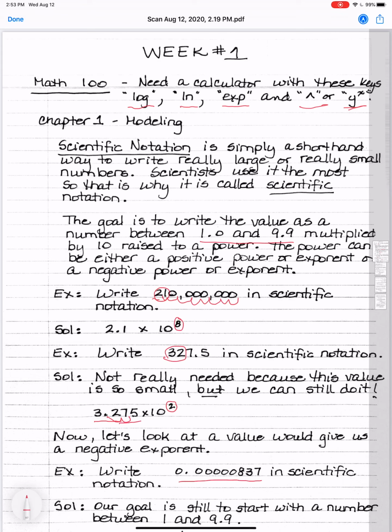So if we want to write this whole number as exponential notation, it's going to be 8.37, again, writing it as a number between 1 and 9.9, times 10 to the 1, 2, 3, 4, 5, negative 6, because we had to move our decimal point to the left 6 places to get to 8.37.